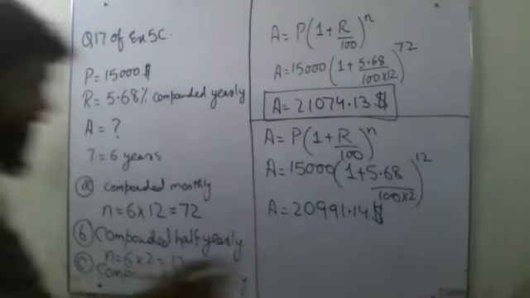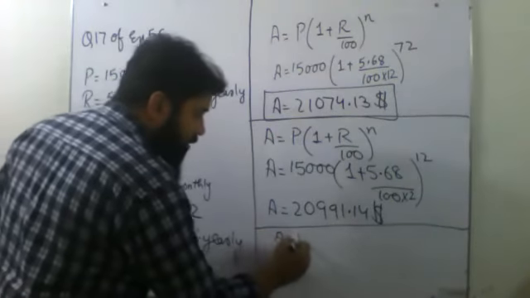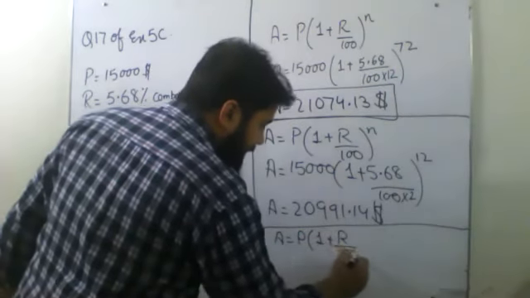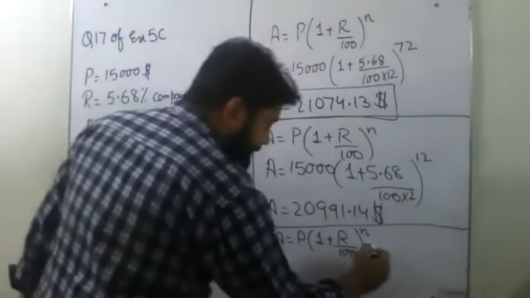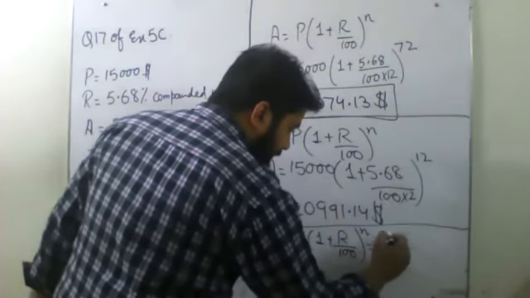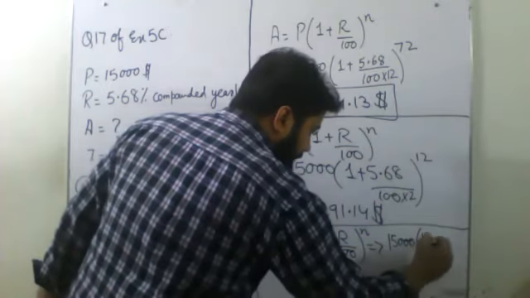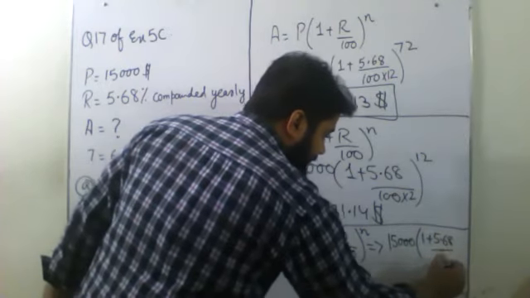I'm going to write the formula again. The formula will remain the same. A equals P (1 plus R over 100) whole power n. Okay, applying my values, P is 15,000. 1 plus R is 5.68 divided by 100.